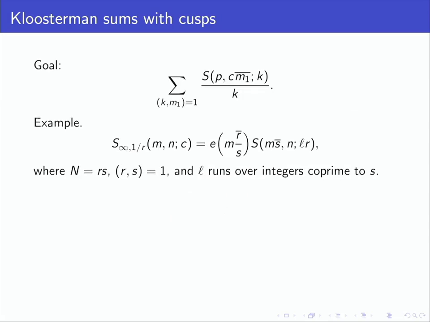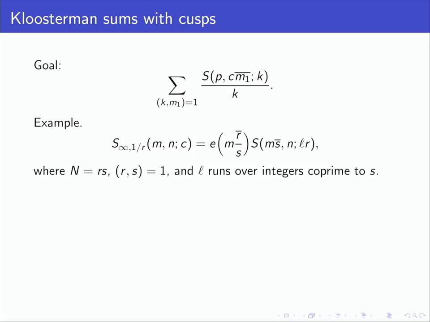So let's go back to this Kloosterman sum. We want to recognize this S(p, c, m1 bar). We've got this bar here, k over c, as a Kloosterman sum. And actually, in reality, I've been waving my hands. There are various other really annoying conditions, like extra coprimality conditions, more congruences, and things like that.